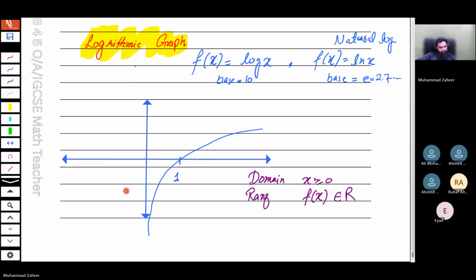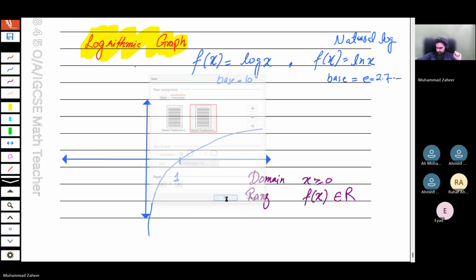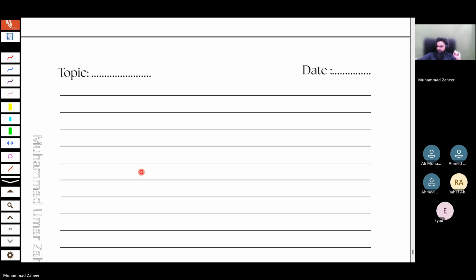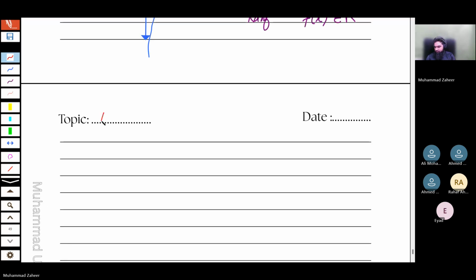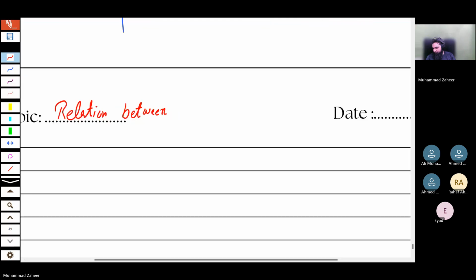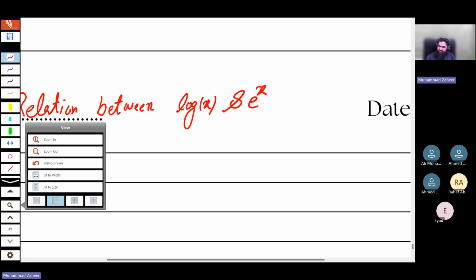Now we are talking about the relation between log of x and e raised to power x, meaning the logarithmic graph and the exponential graph.